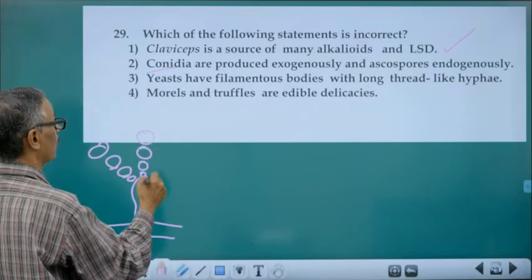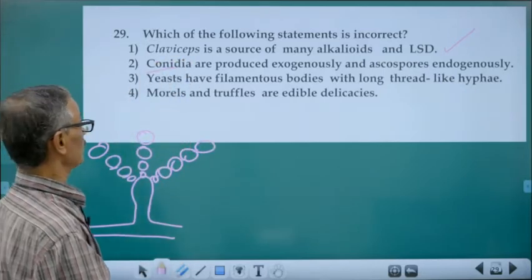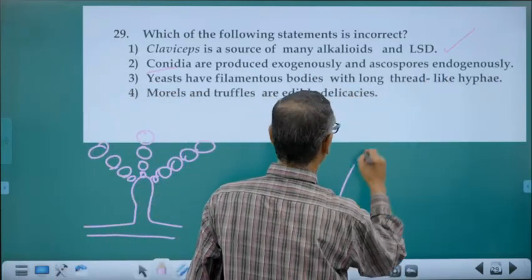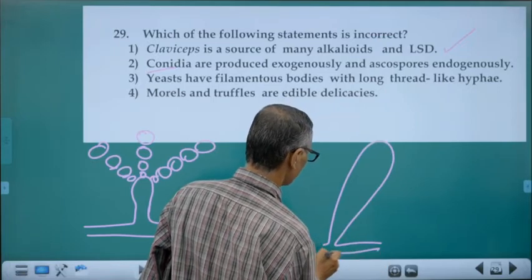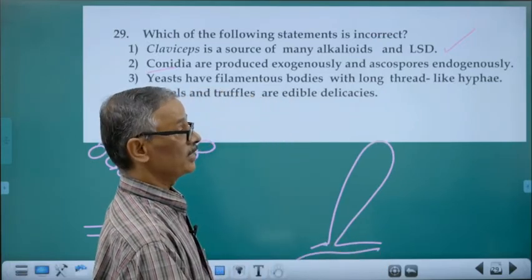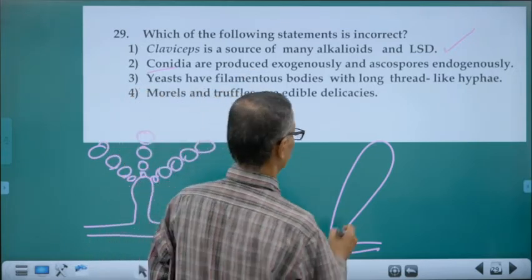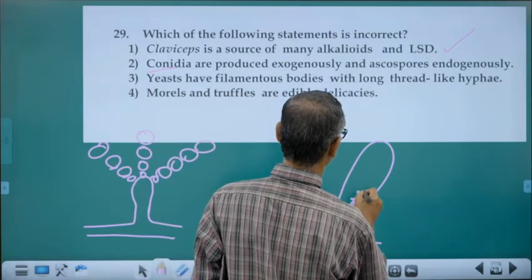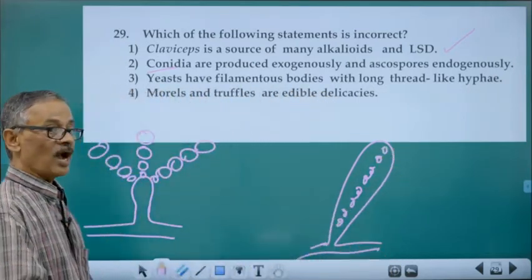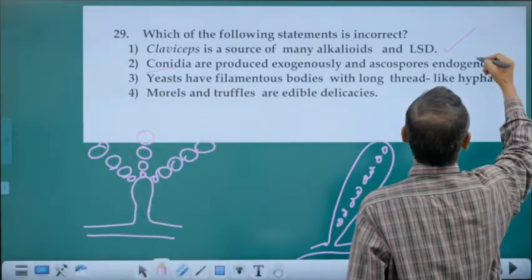Asexual spores are all exogenously produced. And ascospores are produced in a special sac, the fruiting body, so it's called endogenous. 8 ascospores may be produced, so that is correct.